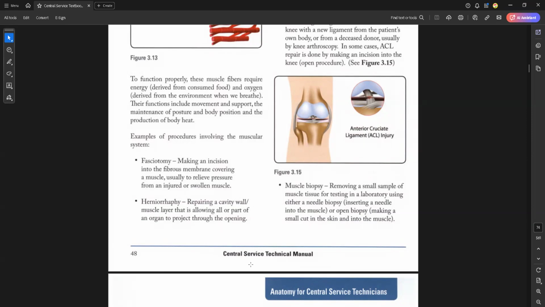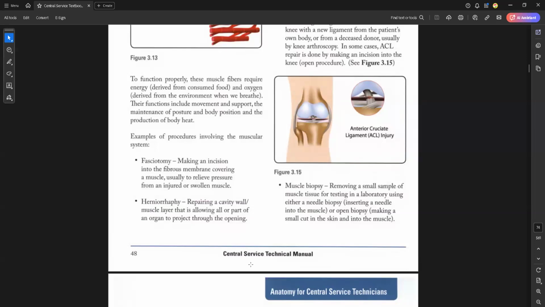Removing a small sample of muscle tissue for testing in the laboratory using either a needle biopsy or laparoscopic instruments can also be used to take some part of an organ. They can use anything that is approved.